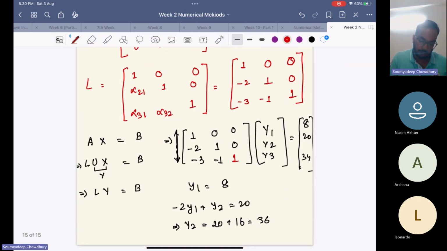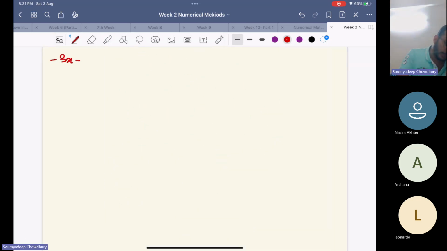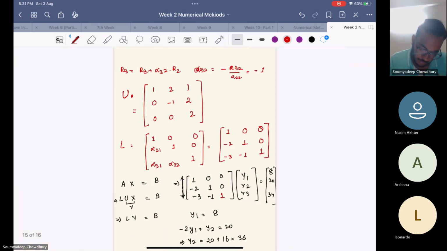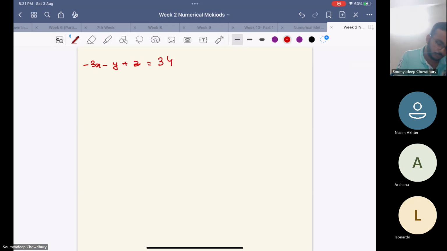So the third equation we will get is minus 3Y1 minus Y2 plus Y3 equal to 34.